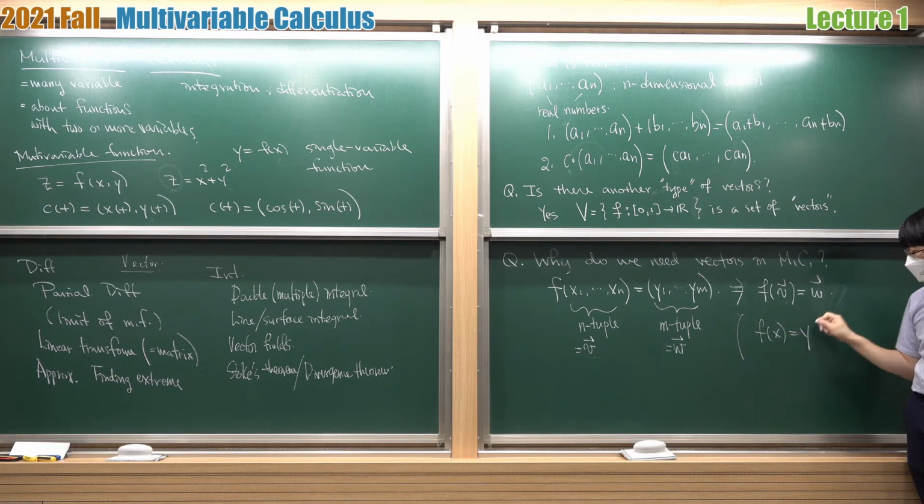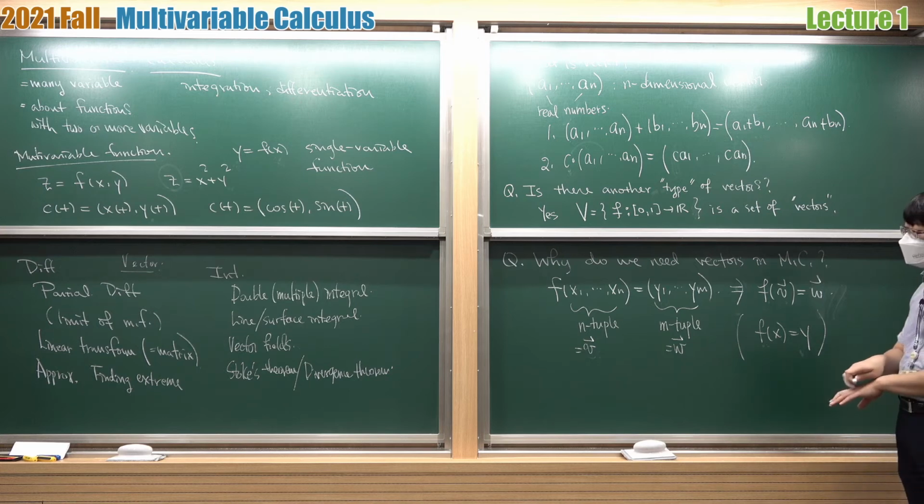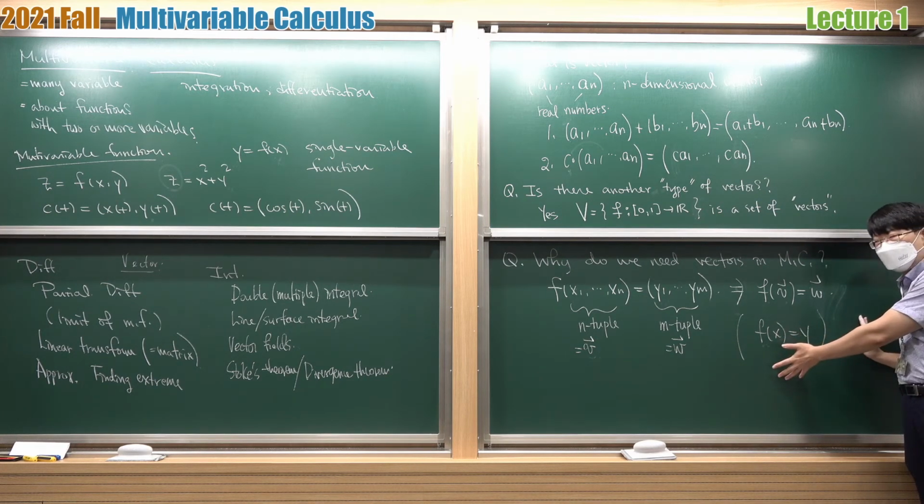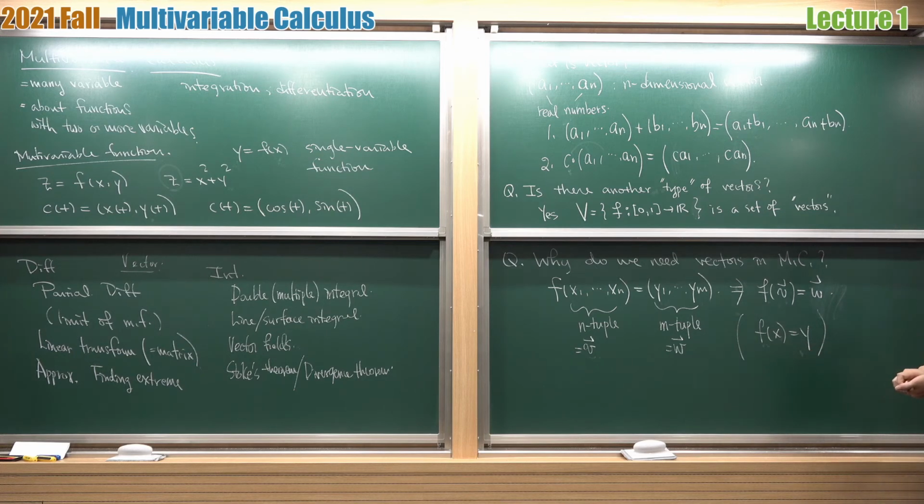This is the general form of a single variable function; you replace these values with vectors, then it becomes a multivariable function. So the vector is the building block of multivariable functions. Of course, there are lots of other reasons why we need vectors, but in order to explain that, we need prior knowledge. So this is as far as I can explain about these questions.